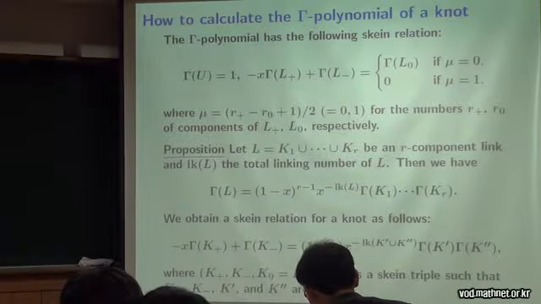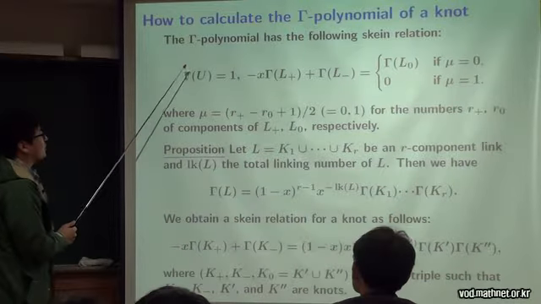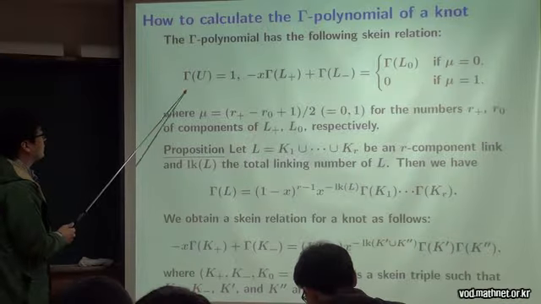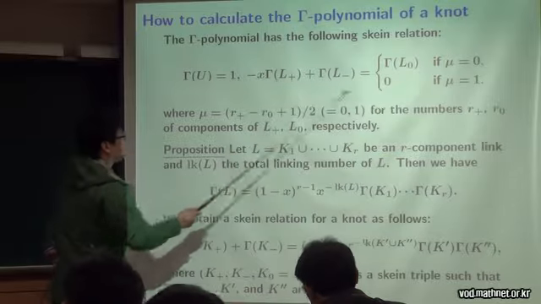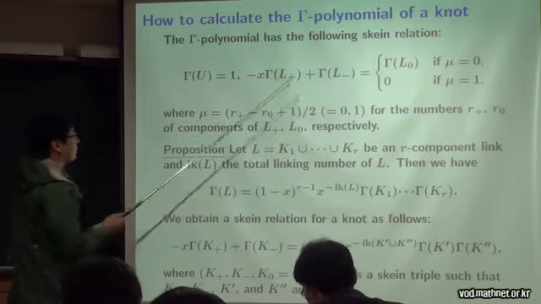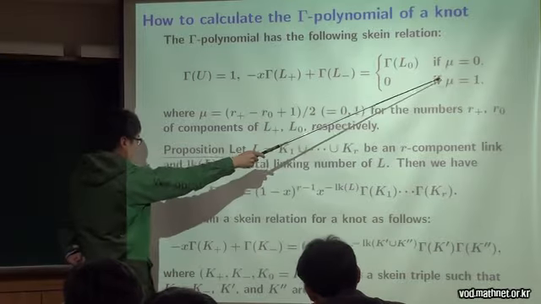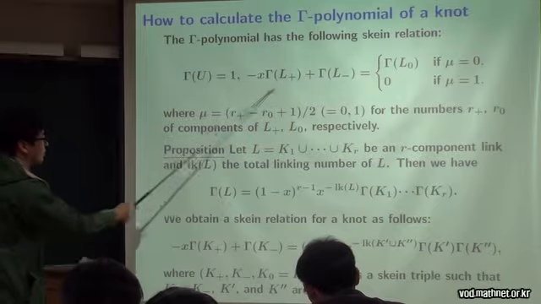Next, I explain how to calculate the gamma polynomial of knots. The gamma polynomial has the following skein relation. The gamma polynomial of the unknot is equal to 1, and we have this skein relation for a skein triple L plus, L minus, L0. Here mu is this value.